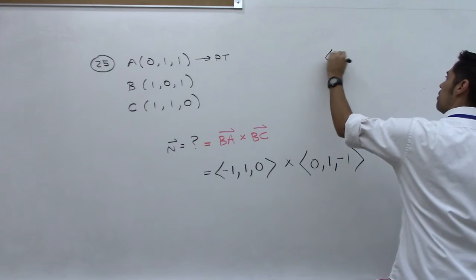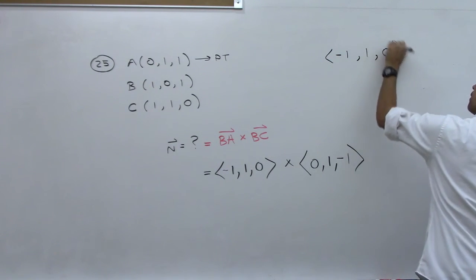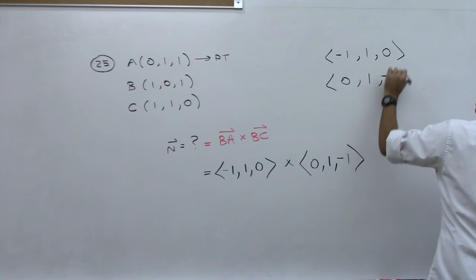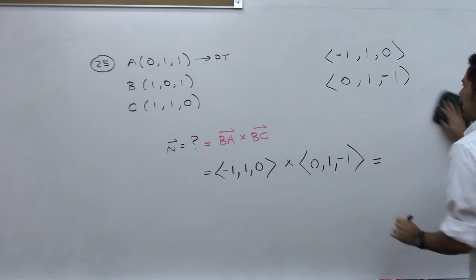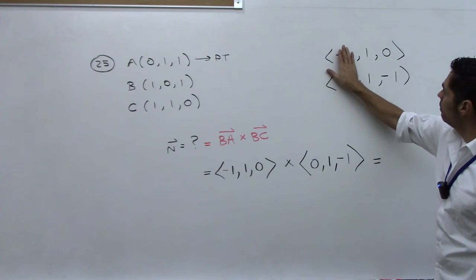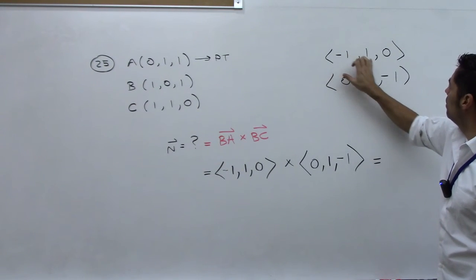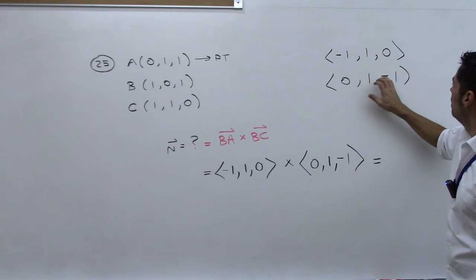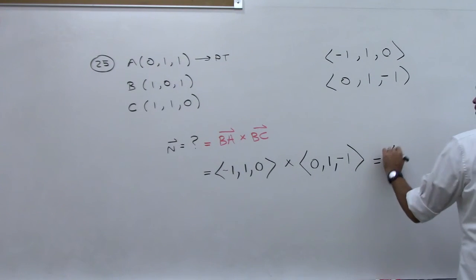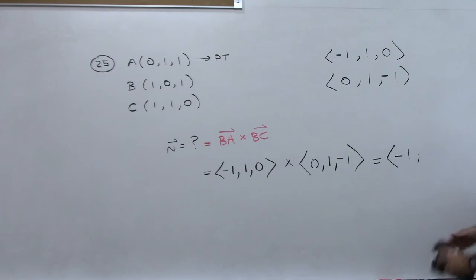So to cross those two, I'm going to write them vertically. I'll put the answer right here. I'm going to get the I component first, so I cover it up. I go 1 times negative 1 minus 0, so just negative 1. And then I cover up this one.